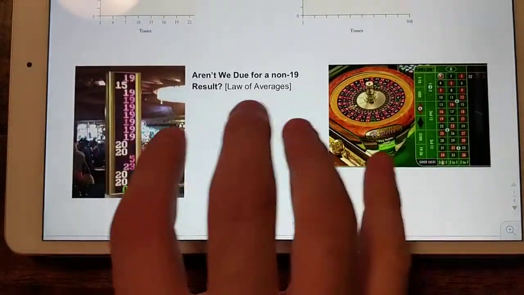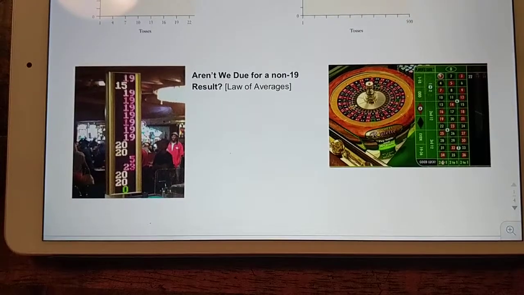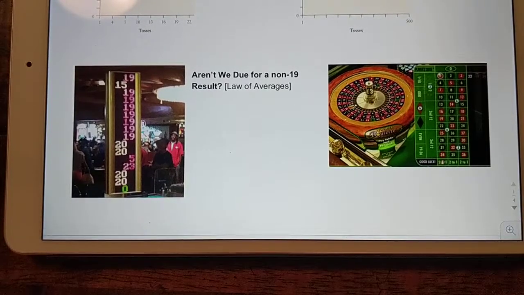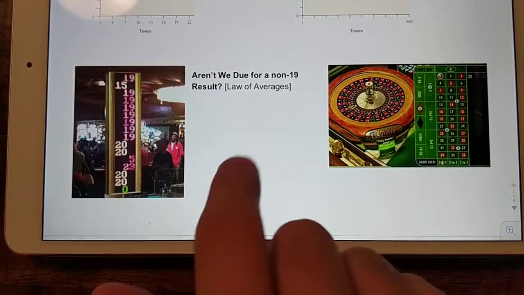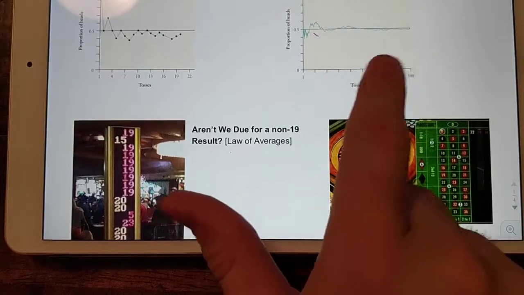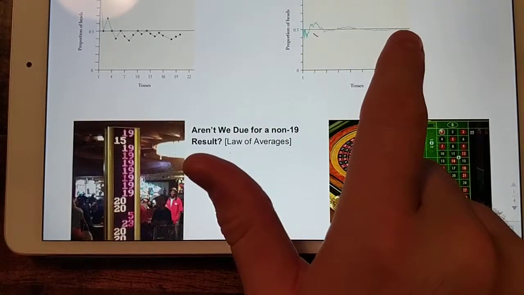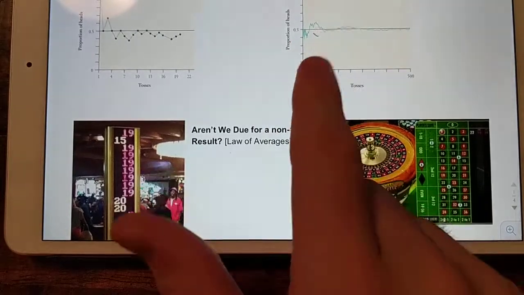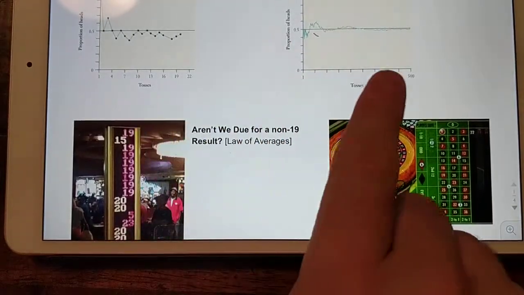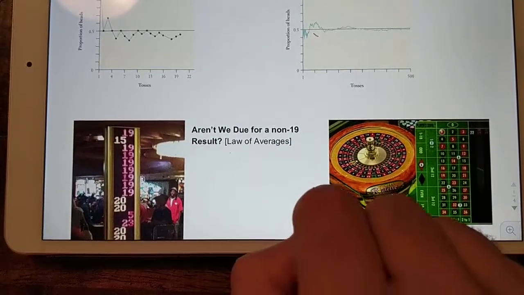We talked about law of averages and how it's that false belief that the next thing coming up is going to be the exact opposite of what you see, or you see a trend happening when you actually have independent events. It's essentially using this idea in the wrong way. Even though this does approach 0.5, if you got a lot of heads in the beginning, you should get more tails later. That's true over a very long period of time, not the next spin of the roulette wheel.